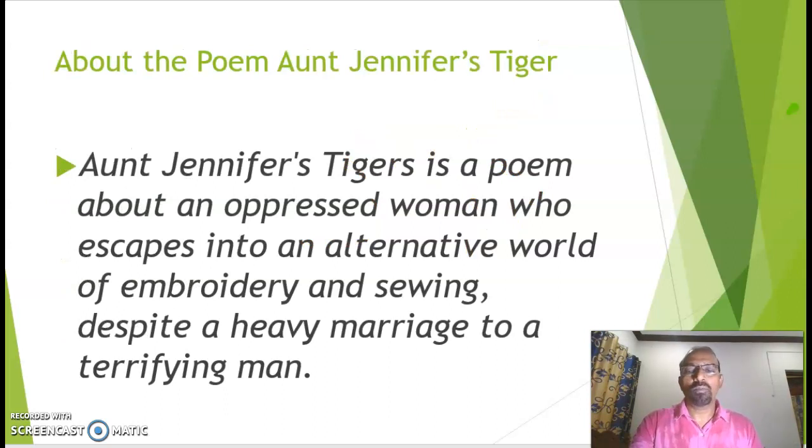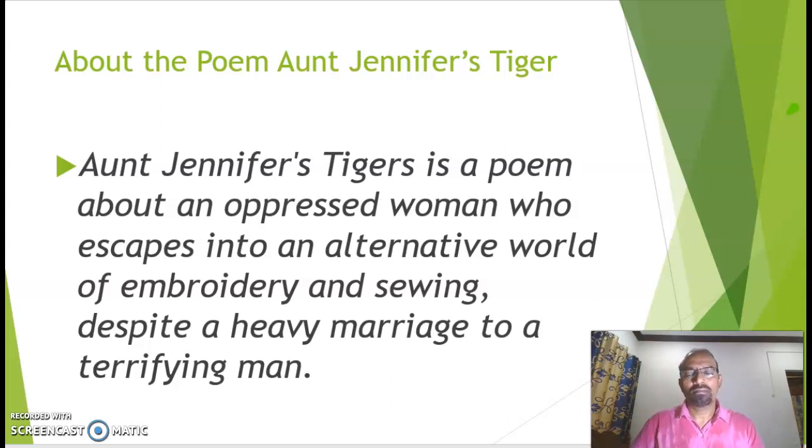Now let us come to know about Aunt Jennifer's Tigers. What is it about? Aunt Jennifer's Tigers is a poem about an oppressed woman, a married woman, who escapes into an alternative world of embroidery and sewing. The poem brilliantly brings before us, within few words, the reasons behind this alternate world for her.